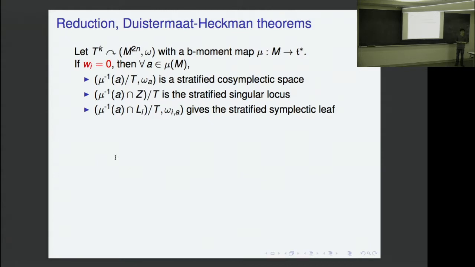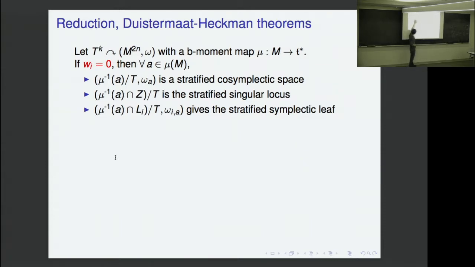But we can still use the idea of Sjamaar and Lerman to consider this for any value in the moment image, and then we can stratify the level set according to the orbit type, and then project these orbit types to the quotient, and then the quotient is going to be given with a stratification, and it will be endowed with cosymplectic forms, the same as the symplectic case.